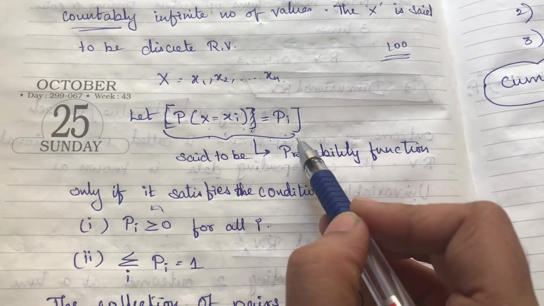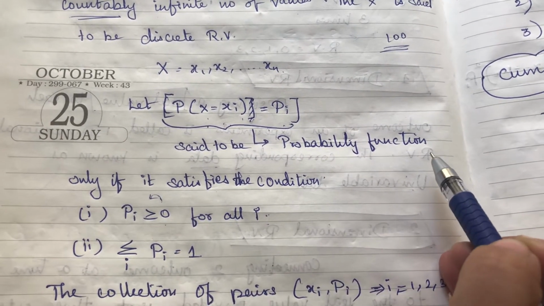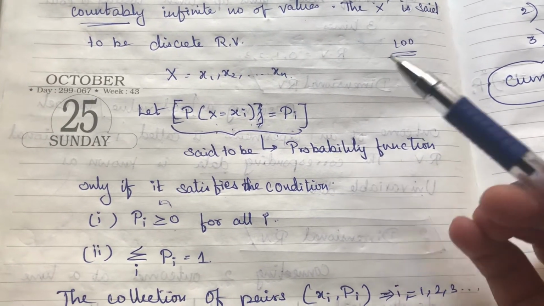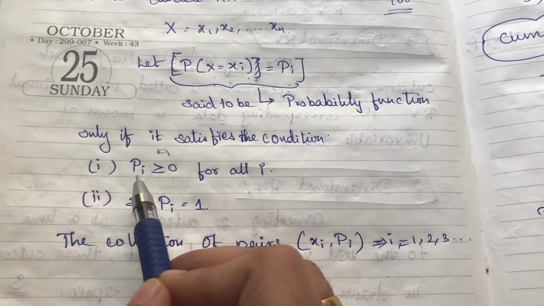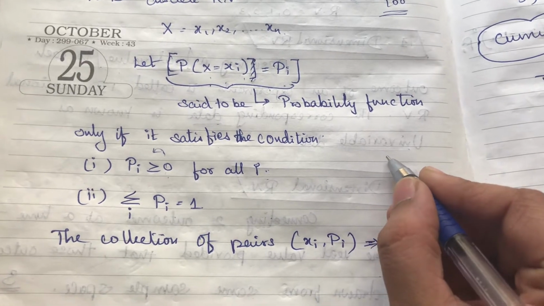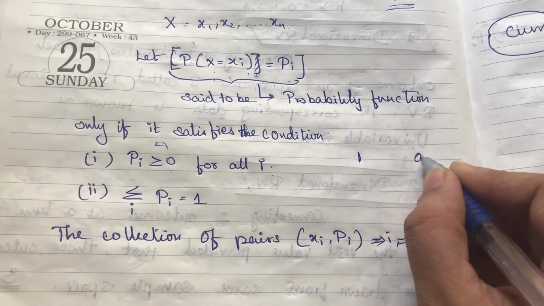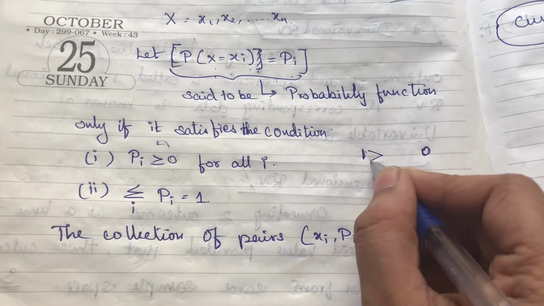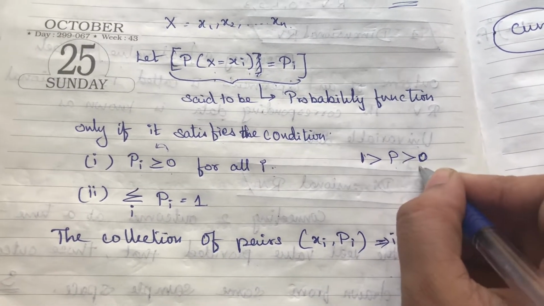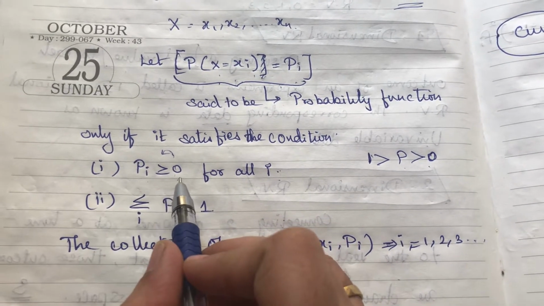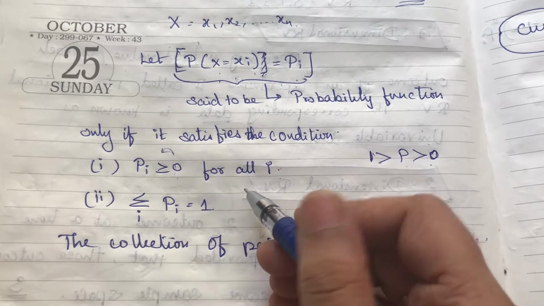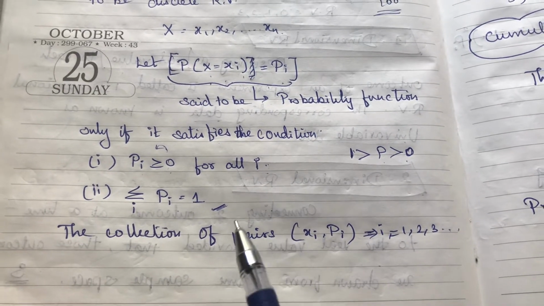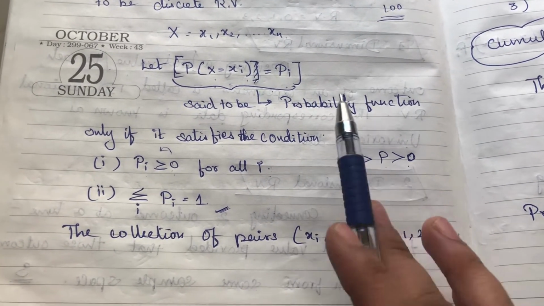This is said to be a probability function only if it satisfies some conditions. Probability has a lower limit of 0 and an upper limit of 1. So pi should be greater than or equal to 0, and the summation of pi should be 1. That's it, because it is a probability function.